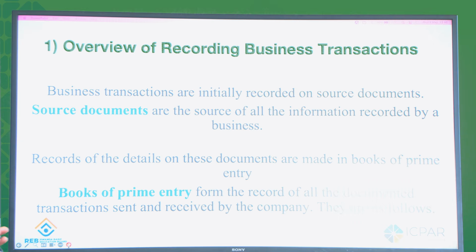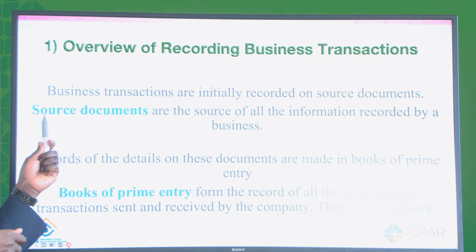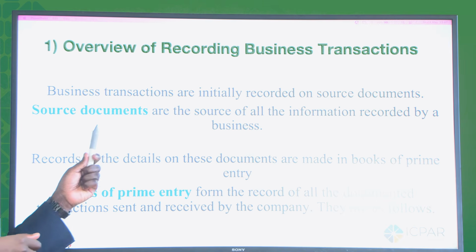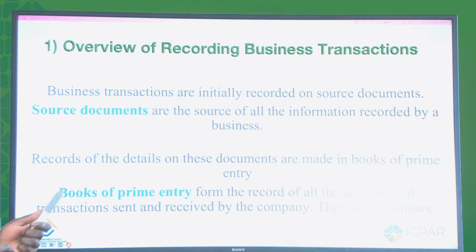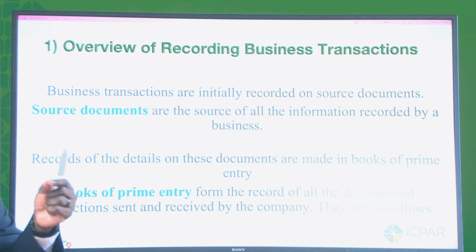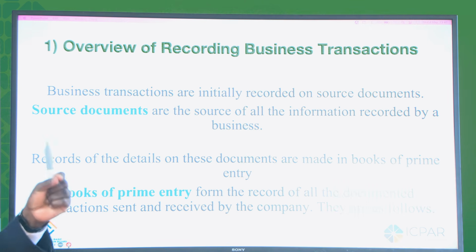So under the overview of this topic, whenever a transaction takes place, there should be evidence, or what we call a supporting document. This supporting document is what we call a source document. A source document is a record of all the information transacted by the business.